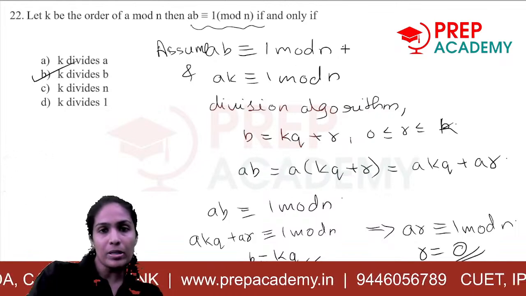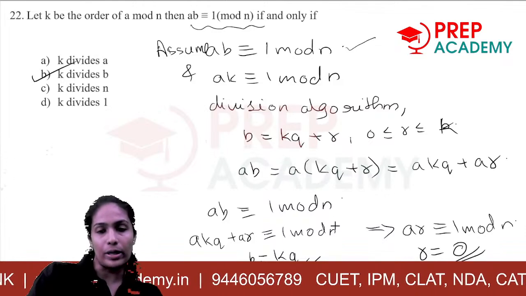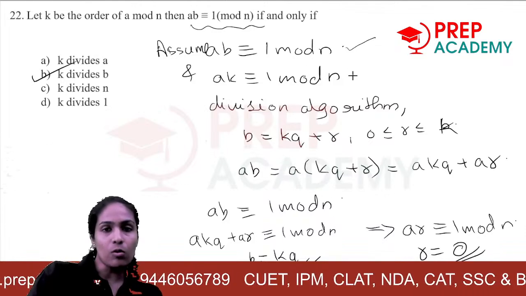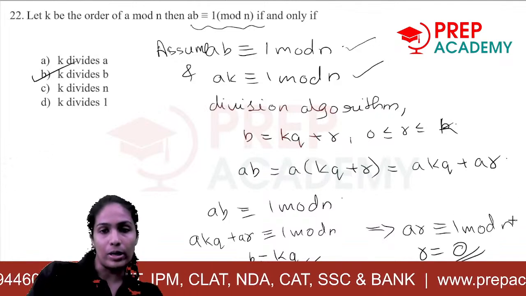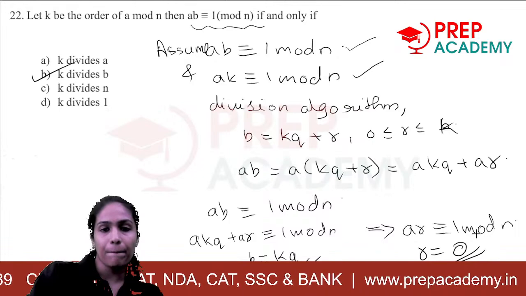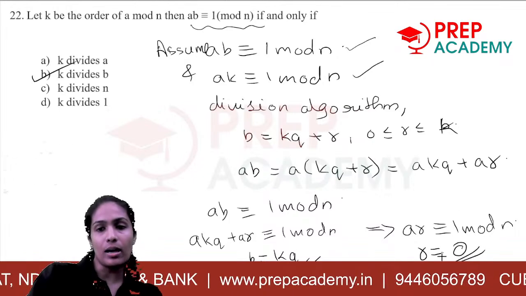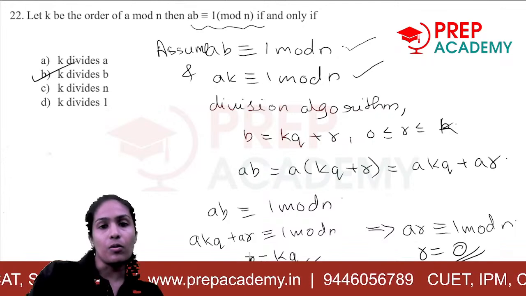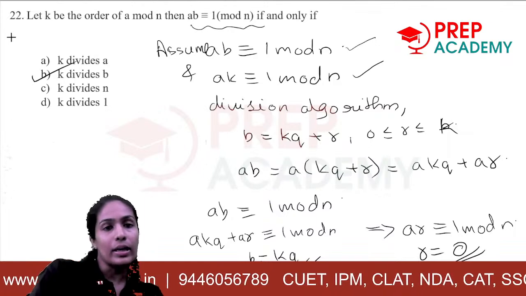But we know that a^b is congruent to 1 mod n, which implies a^(kq) times a^r is congruent to 1 mod n. But a^k is also congruent to 1 mod n. Therefore, a^r is also congruent to 1 mod n. So a^r congruent to 1 mod n means r is equal to 0. Or b is equal to kq plus 0, which is equal to kq. That is, k divides b.